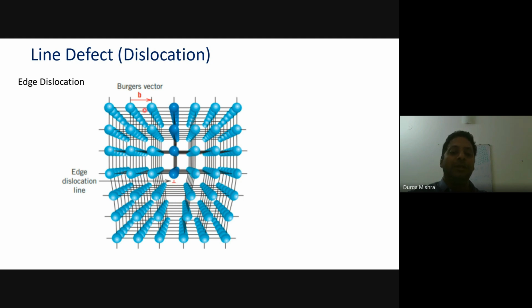Due to this dislocation, a new set of atomic planes is introduced here, which changes the lattice parameter. This change is given by this vector, called the Burgers vector b.